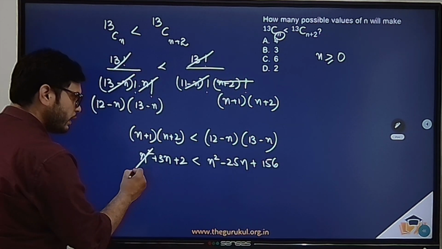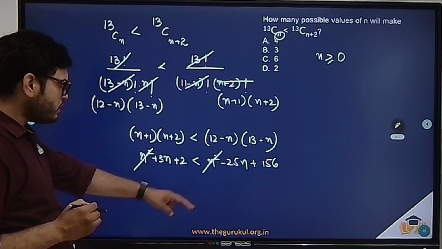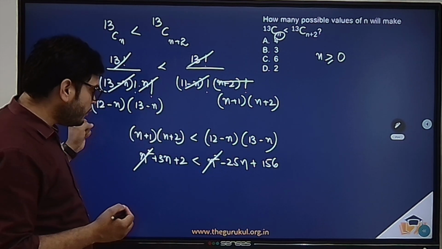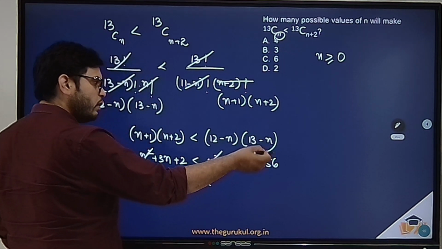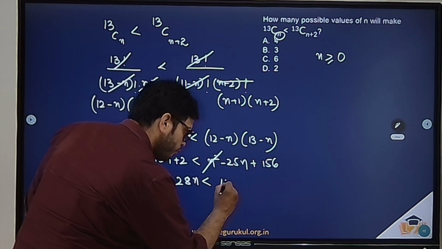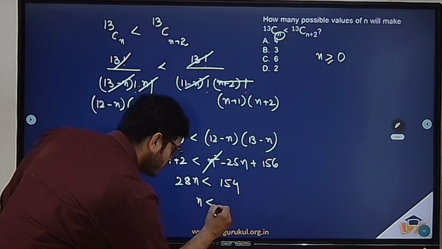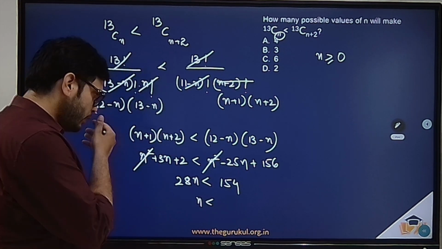I can cancel n square on both sides. Now shifting minus 25n to the left-hand side, we'll have 28n should be less than 156 minus 2, which is 154, or n should be less than 154 by 28.